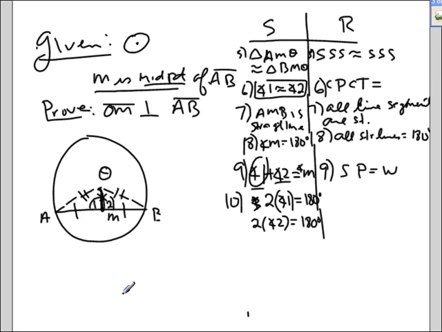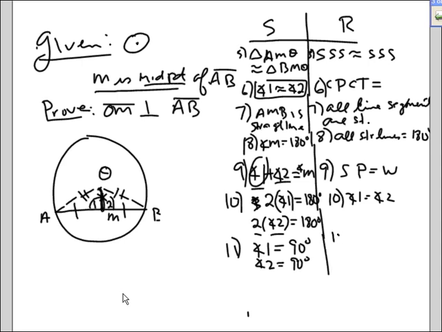Angle 2 plus angle 2 is 2 times angle 2. Okay, and the reason is angle 1 equals angle 2. Okay, now I divide both sides by 2. Angle 1 equals 90 degrees. Angle 2 equals 90 degrees. Division property.